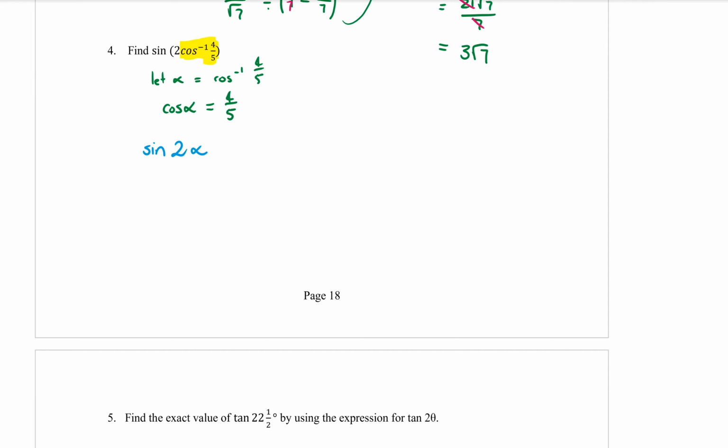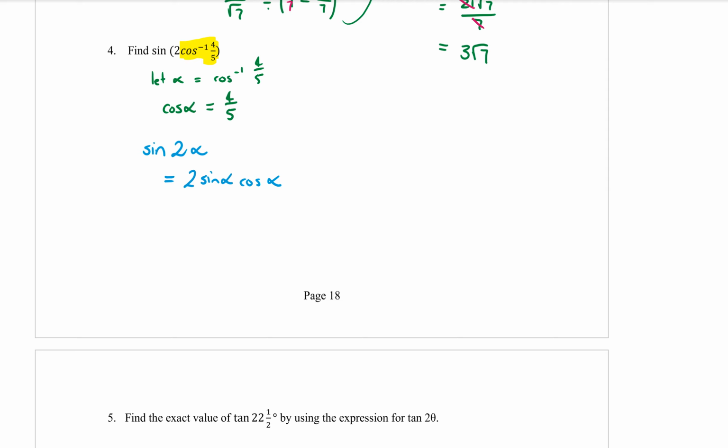Now that's why this is in this section, because there is a double angle. Now I could use my double angle formula to expand that, which would be 2 sine alpha cos alpha. Now I already know the value of cos alpha. Here it is up here, it's 4 over 5. What about the value of sine alpha?